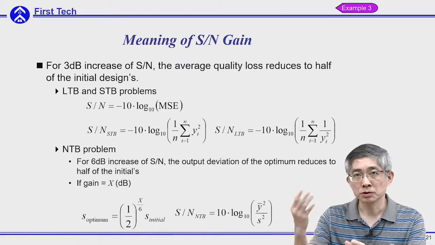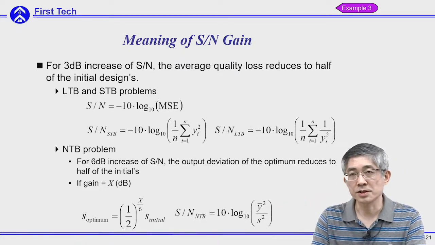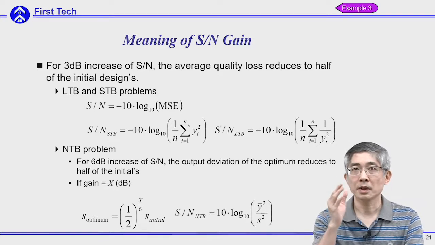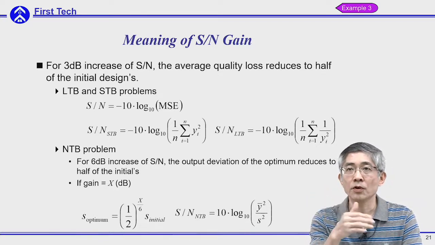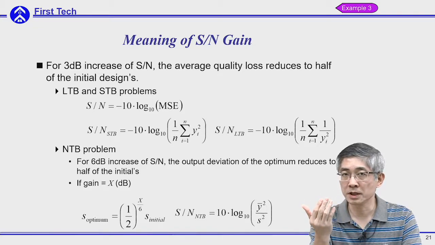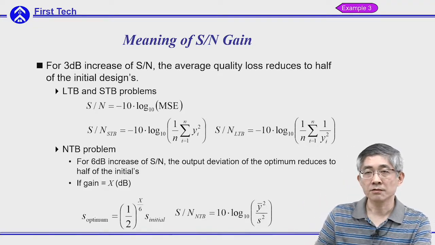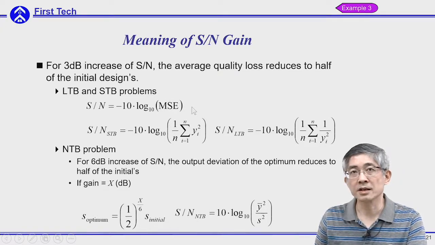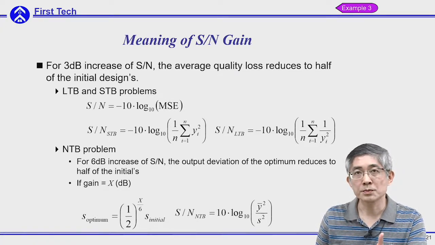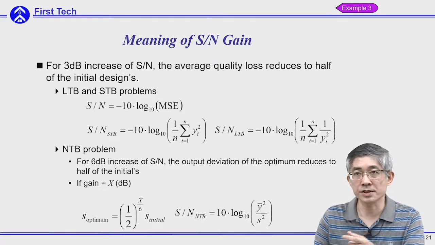MSE is proportional to the average quality loss. Using mathematical calculation, you can find out that a 3 dB improvement in SN ratio means you can reduce your MSE by 50%, which means you can reduce your average loss by 50%.